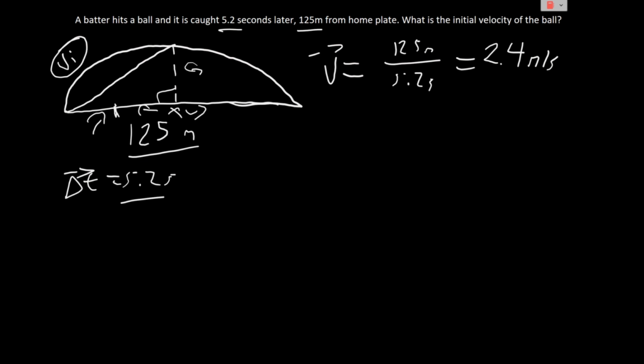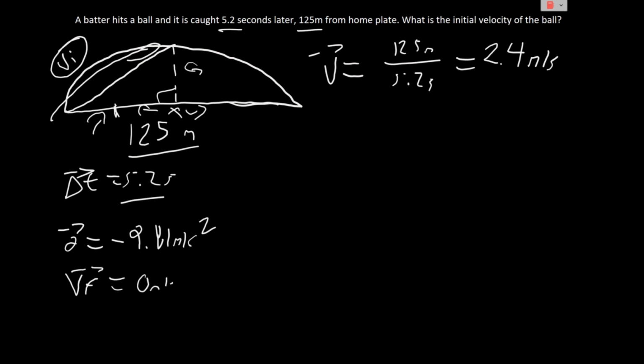We just need to figure out the other one. To do this, we need to incorporate some of our other values that we are always given. The acceleration is negative 9.81 meters per second squared as we are going up, acting against the force of gravity. Our final velocity is 0 meters per second.